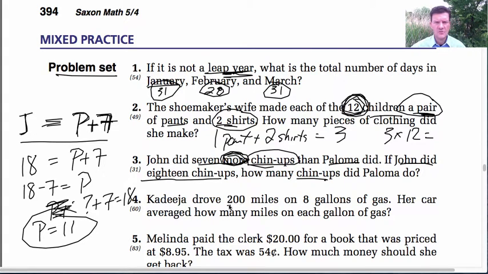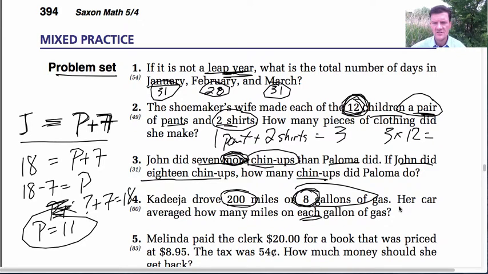Khadija drove 200 miles on 8 gallons of gas. Her car averaged how many miles on each gallon of gas? What that means is she did 200 miles and the car consumed 8 gallons of gas. Well, that means that for each gallon of gas, on average, how far did each gallon take her?